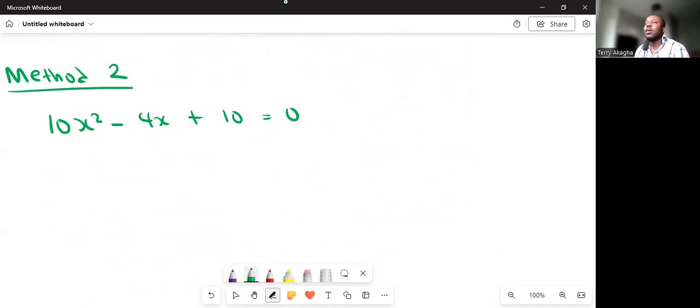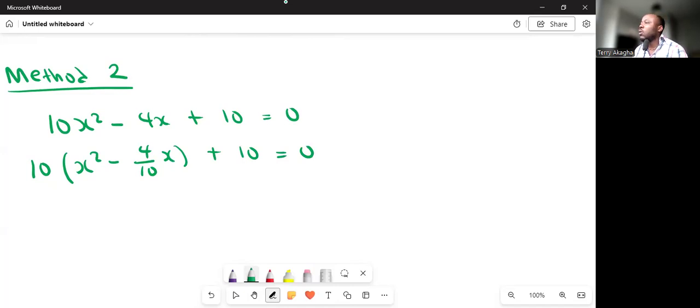0. As usual, you factorize, so it's going to give us 10 into bracket x squared minus 4 over 10 x plus 10 is equal to 0. Then you apply completing the square to the one in the bracket. So you have x squared minus 4 over 10x.